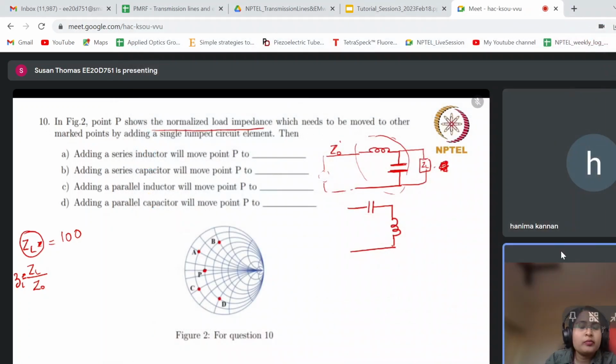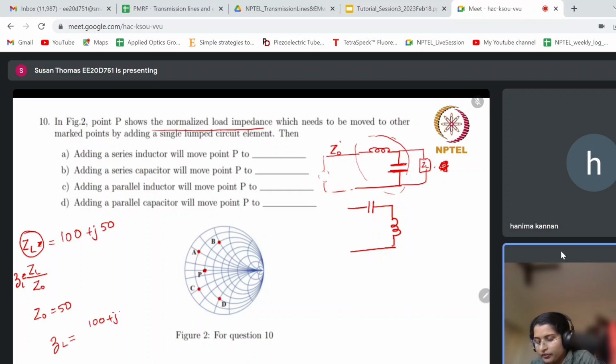So if you are given a load of 100 plus j50, and the characteristic impedance is 50, you evaluate the normalized impedance as (100 plus j50) by 50.